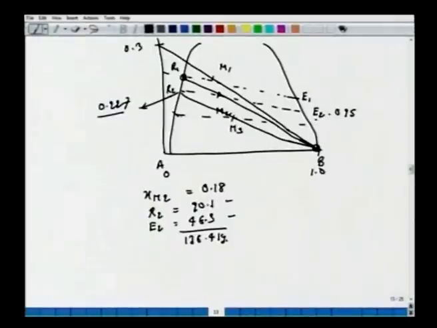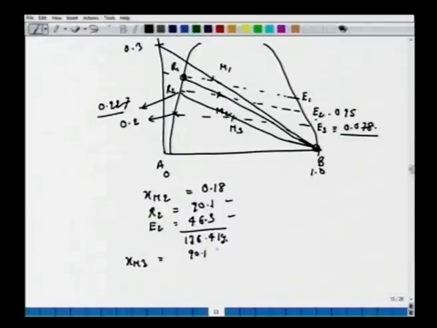This time this point should read as 0.2, and this E3 should read as 0.078.